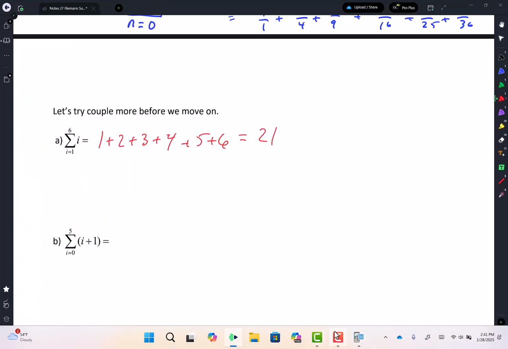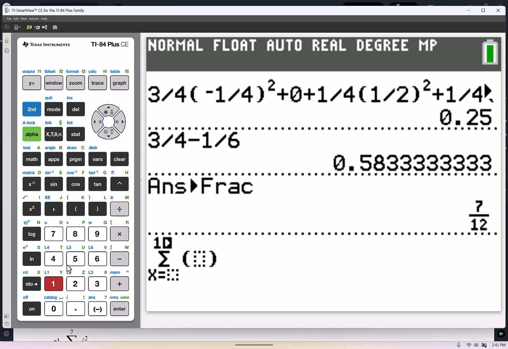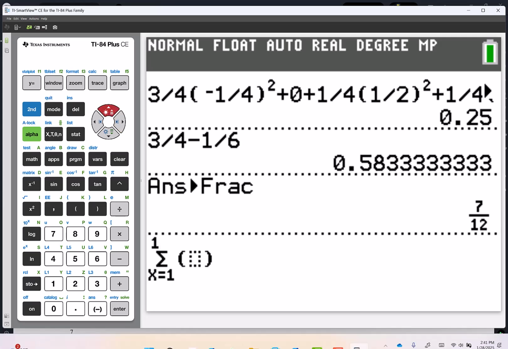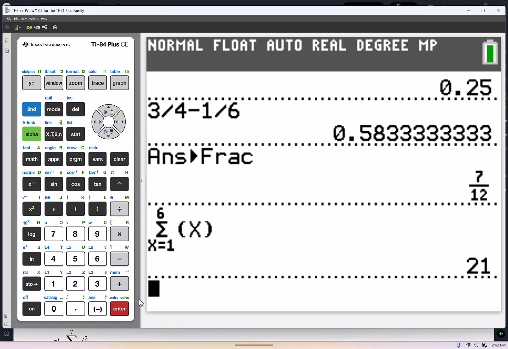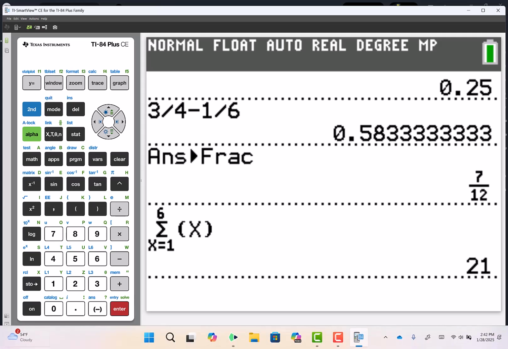X starts at 1. And then where does it end? The very first problem, 6. And it's just X, so I'm just going to type in X. And voila, should be the same answer. Cool, right? Okay. There you go. Now you guys know how to use it.